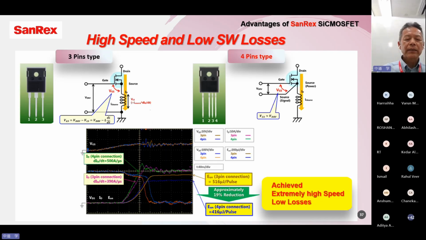Because of this, compared to the 3 pin type, gate current and drain current can be separated. Inductance is also different. That's why loss is 90% lower compared to the 3 pin type of TO247 package.